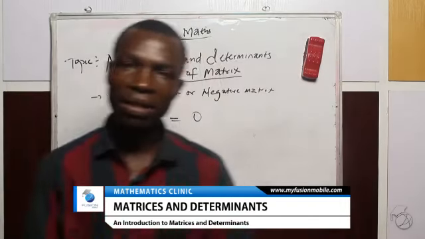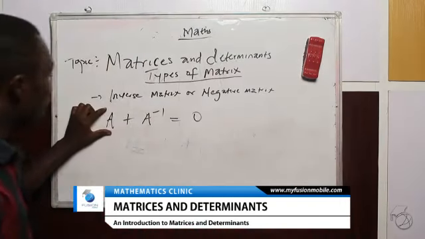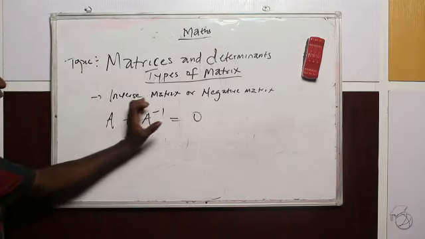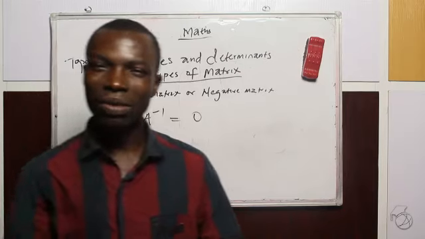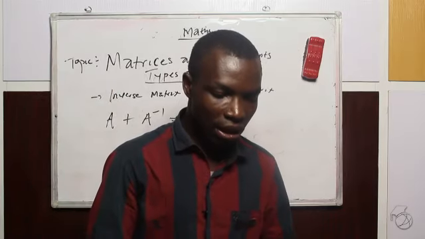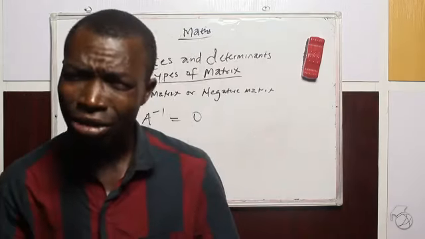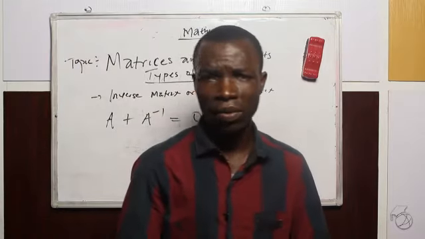That is, if we have matrix A and the inverse of matrix A, the elements inside it add up to 0. That's a brief explanation of this type of matrix.